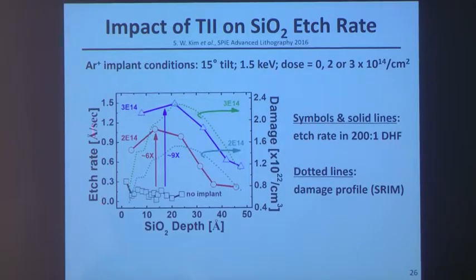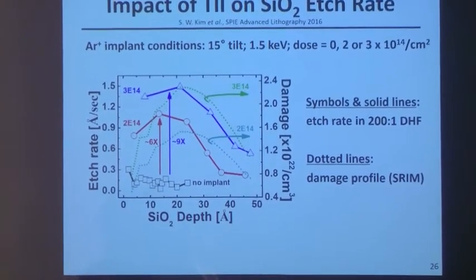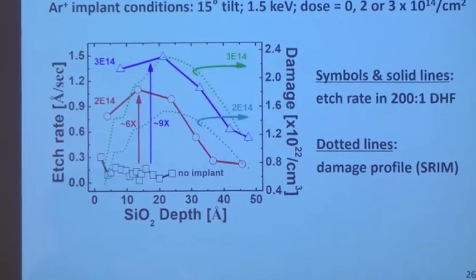Experimentally, if you look at the etch rate of silicon dioxide, and this silicon dioxide is only 5 nanometers thick, if we look at the etch rate as a function of depth, if it's not implanted, it's really low because this is a very dilute solution of HF. This is a typical solution you'd use just to clean the wafer before putting it into a furnace or gate dielectric formation process.